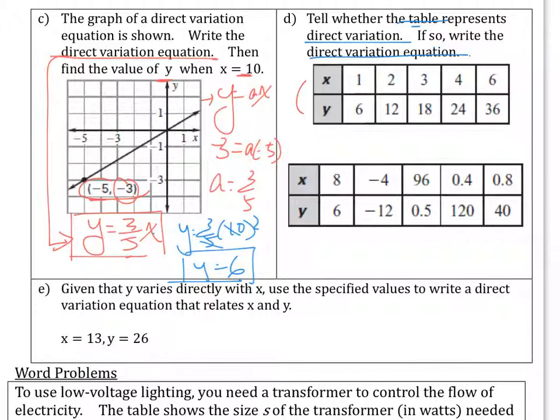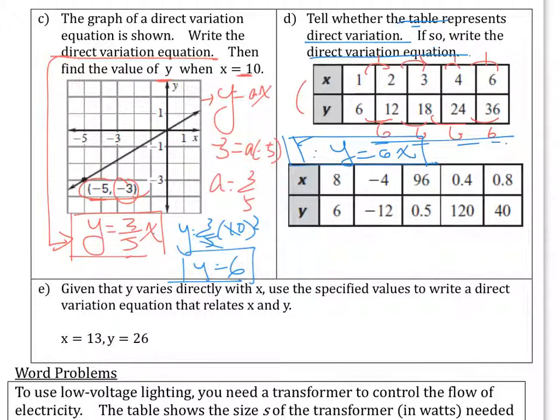So 12 subtract 6 is 6, 2 subtract 1 is 1, 18 subtract 12 is 6, this is all 1. So apparently they have the same ratio of 6, so this is your constant of variation. And yes, it's a direct variation, and we will write y equals 6x.